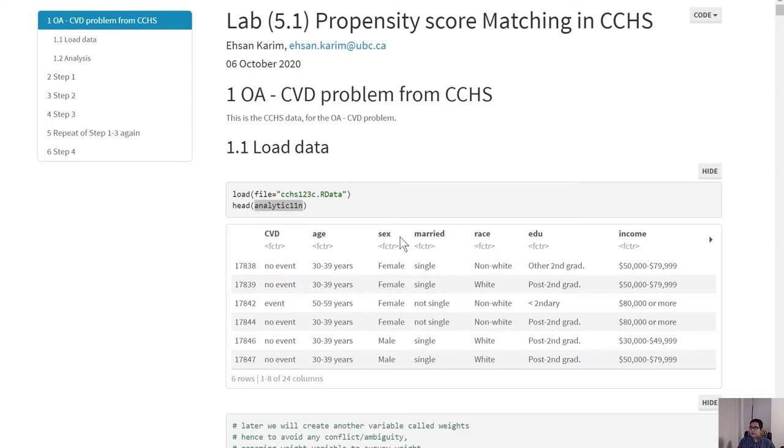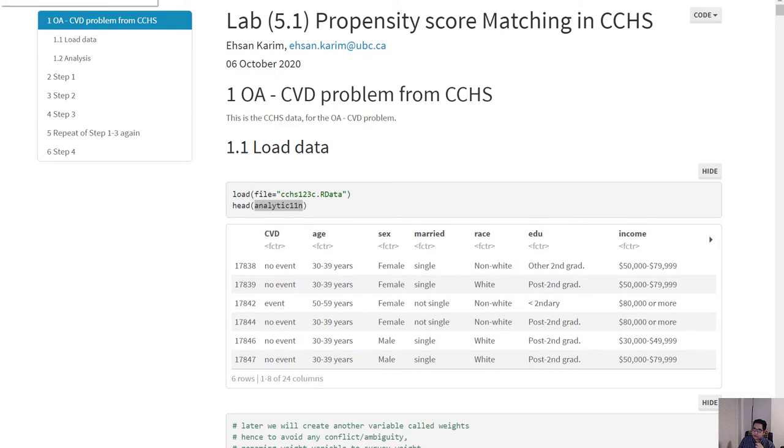Alright, so in this particular lab, this is going to be a continuation of the previous lab. So here I am still using the CCHS123 combined dataset, and this particular R data file was saved from the first part of the lab. And we are still going to use the Analytic 11N dataset.